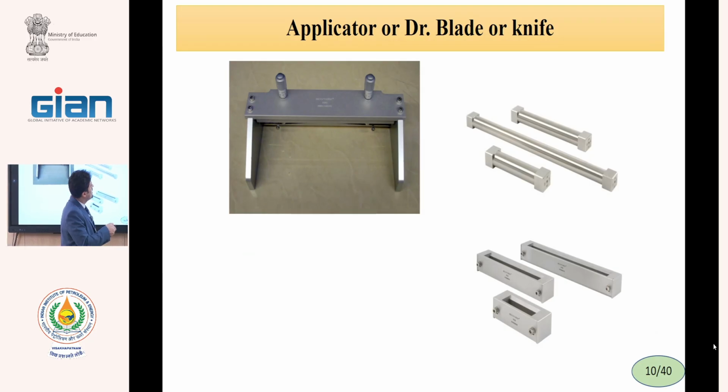With this applicator, we can control the thickness of the film coating. When we open it, this area goes up and the thickness increases. With closing, it goes to the bottom and the thickness is reduced.